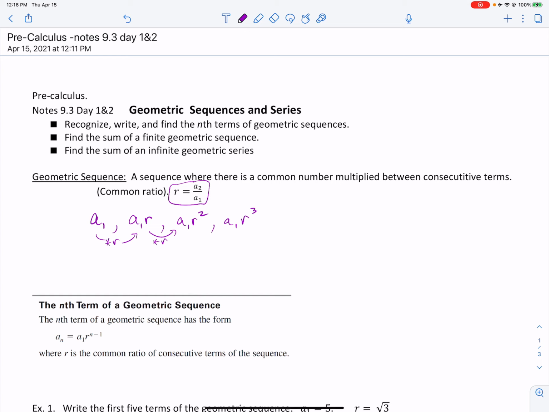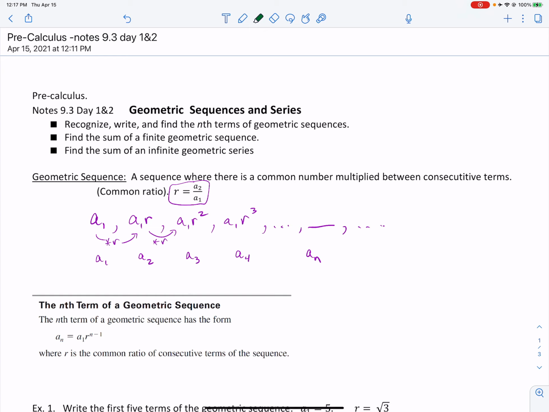Now we want to see a pattern here. Your second term is a sub 1 times r, your third term, a sub 3, is a sub 1 times r squared, your fourth term is a sub 1 times r cubed. So what is the pattern for the nth term?